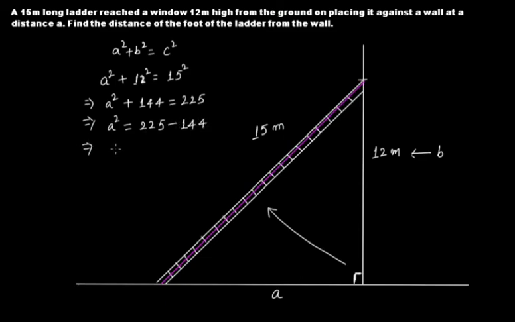This will give you a square as 81. So if you solve this, you'll get a square as 9 square. Therefore, you'll get a as 9 meter. Okay. Therefore, the distance of the foot of the ladder from the wall is actually what? 9 meter.